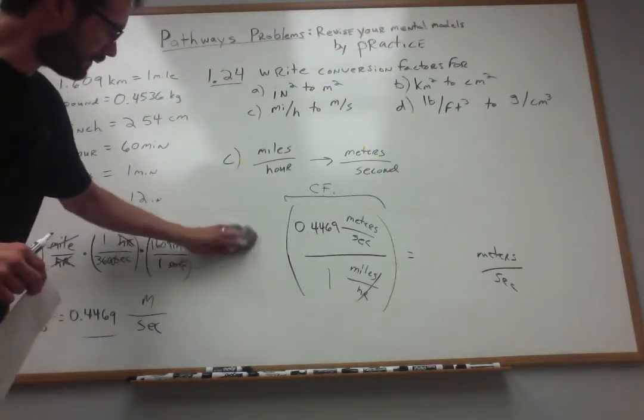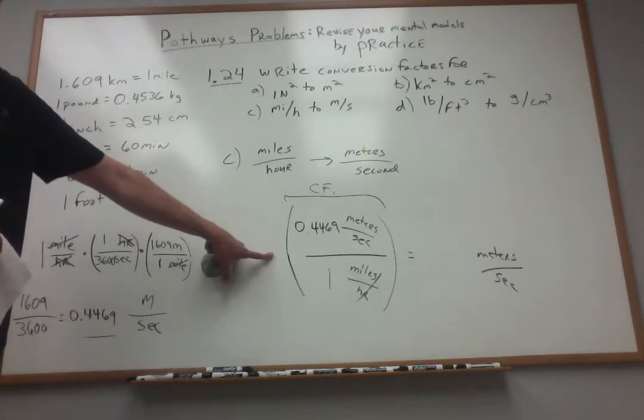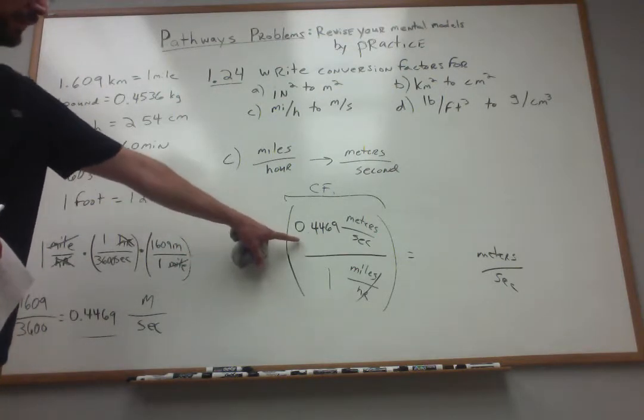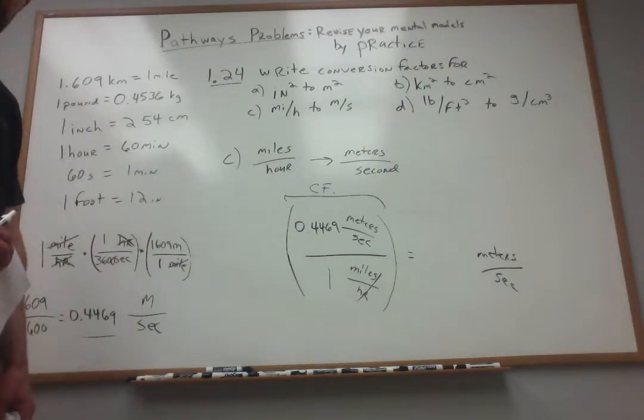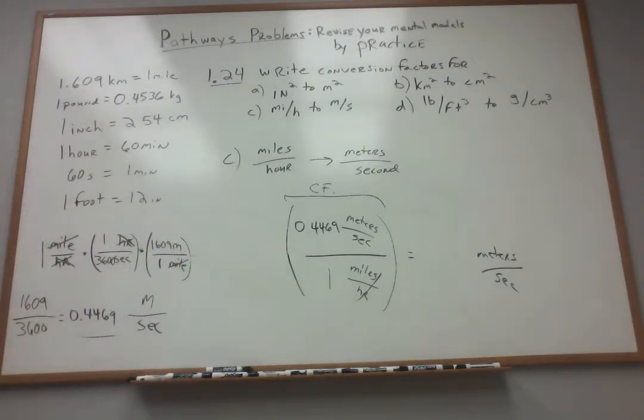I've got myself a conversion factor to go between velocity units of meters per second and miles per hour. And it's really as simple as that. 0.4469 meters per second is equal to 1 mile an hour. And we could use that now to convert between these velocity units over and over again as we need, okay?